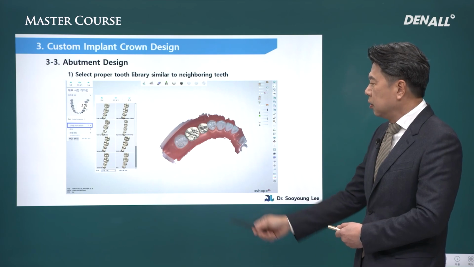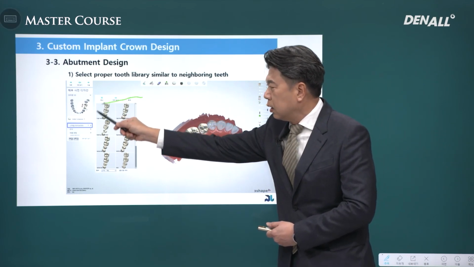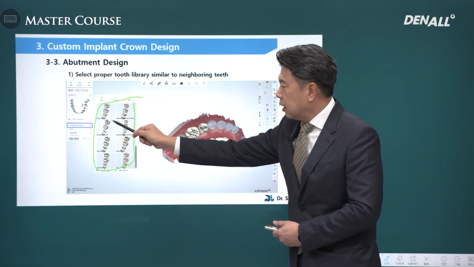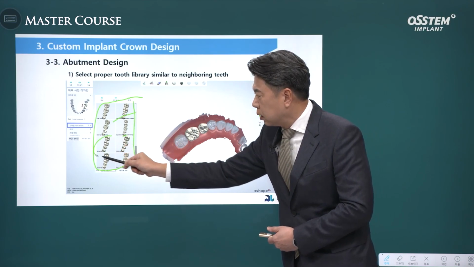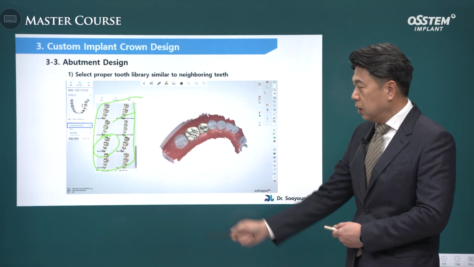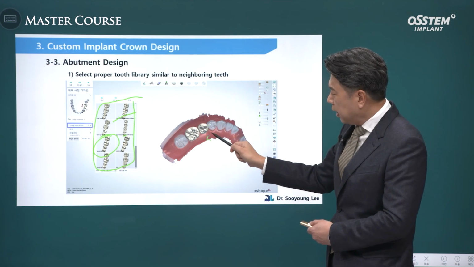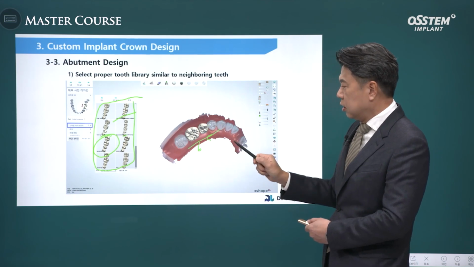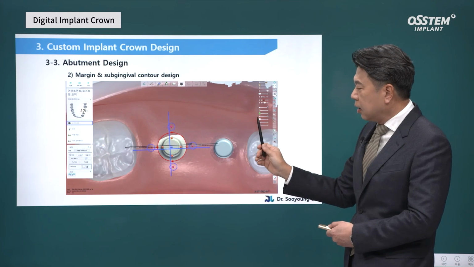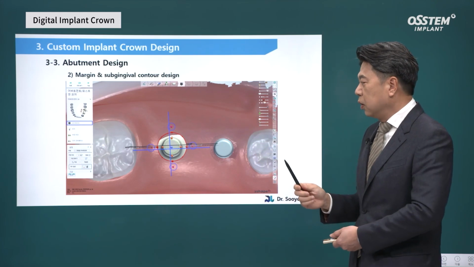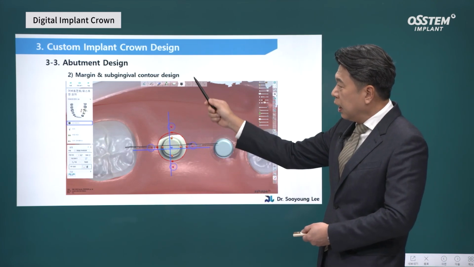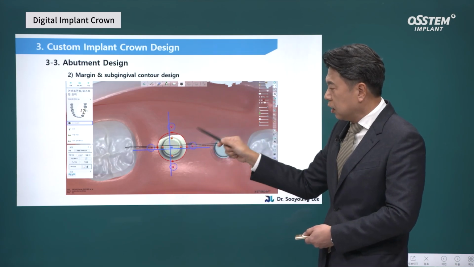Abutment design is done in a general way. If you select this design teeth library, the crowns automatically appear at numbers 5 and 6. Based on the automatically suggested data, we can adjust the form. As the abutments are designed together, abutments also appear.